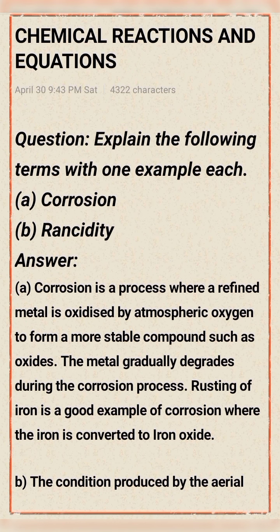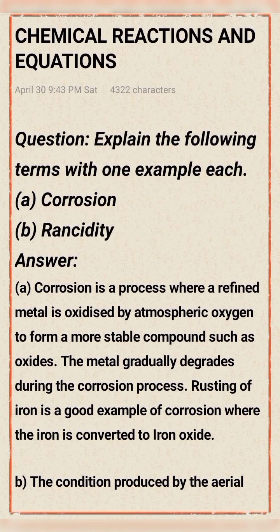Next question, explain the following terms with an example each: A. Corrosion. B. Rancidity. Corrosion is a process where a refined metal is oxidized by atmospheric oxygen to form a more stable compound such as oxides.